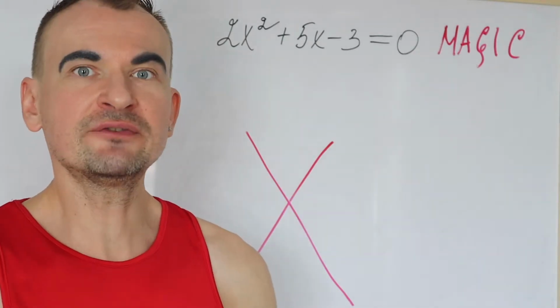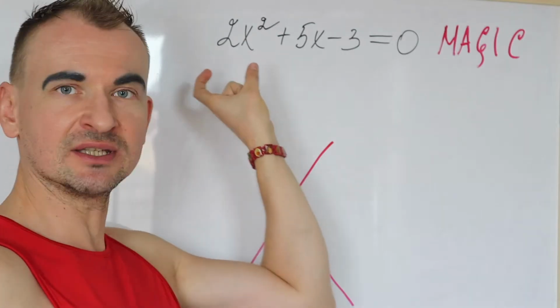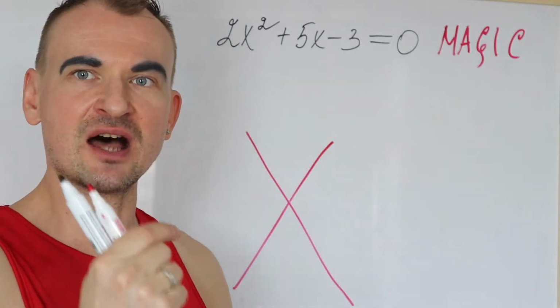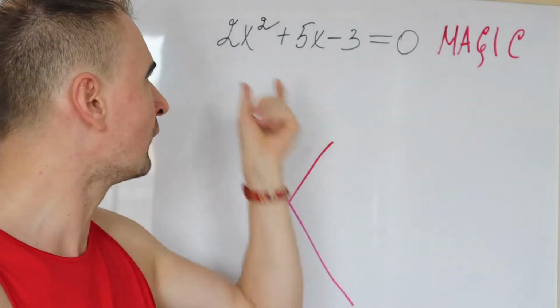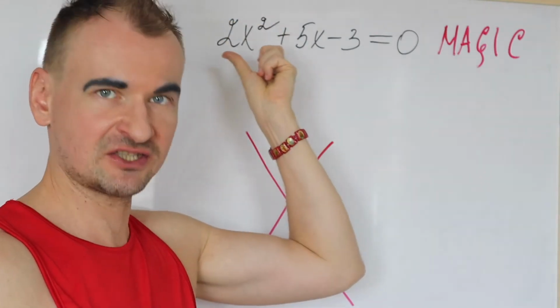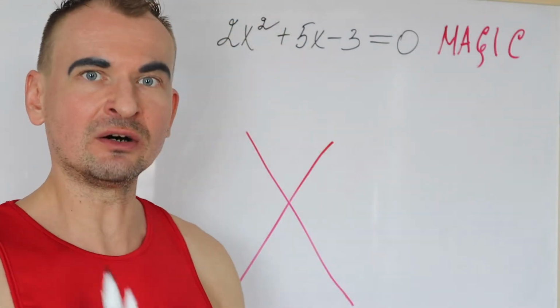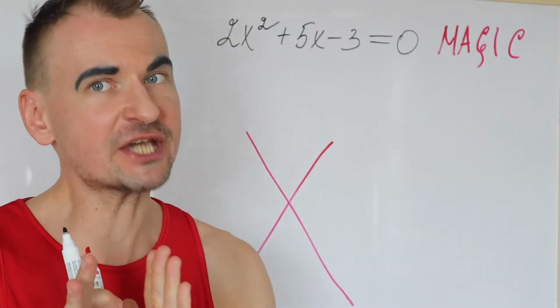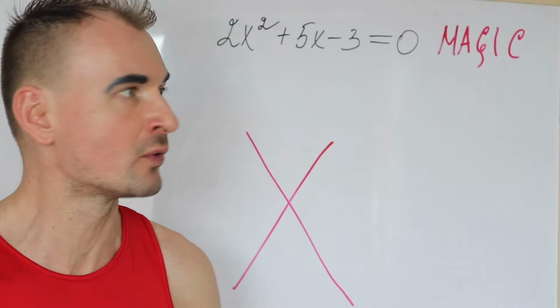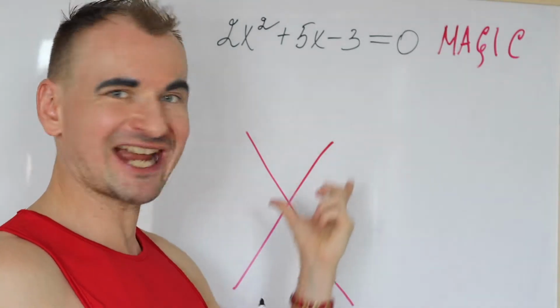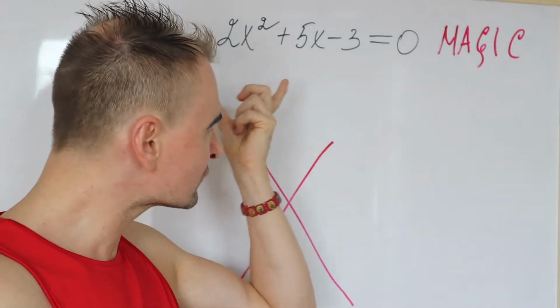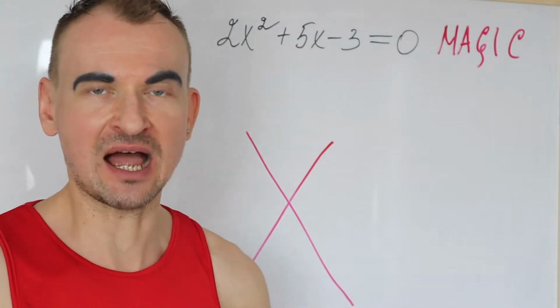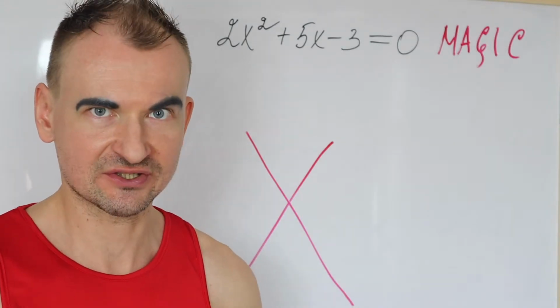Now, what if your leading coefficient, the coefficient in front of your x squared term, is not equal to 1? There is a special approach called magic X to solve this type of quadratics.